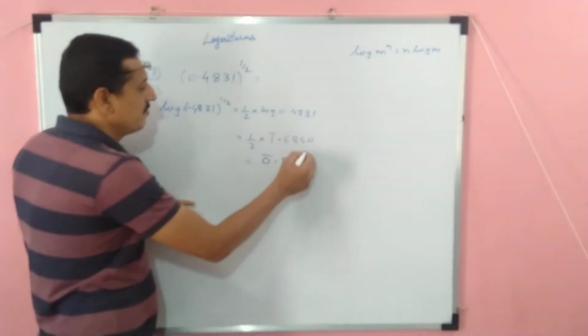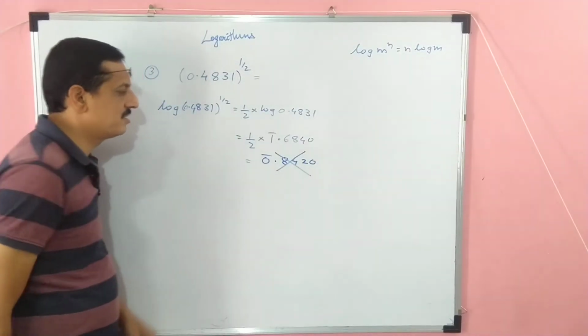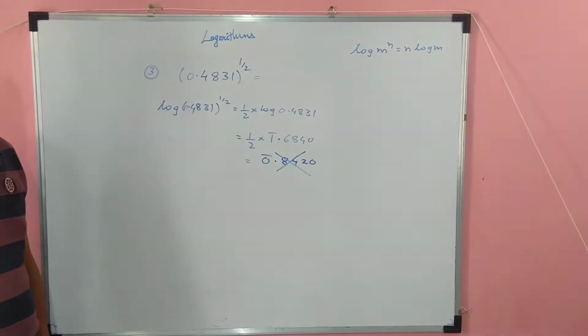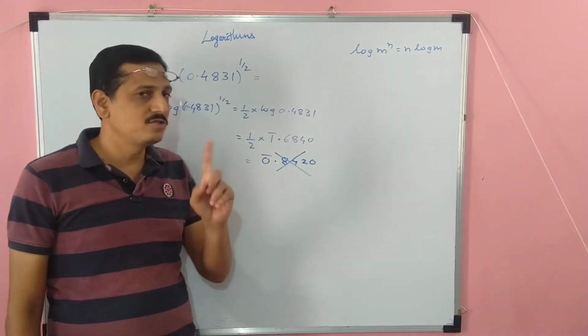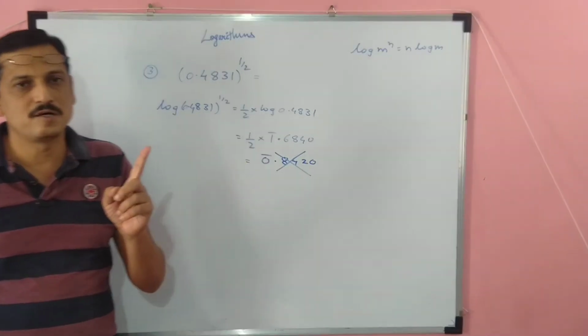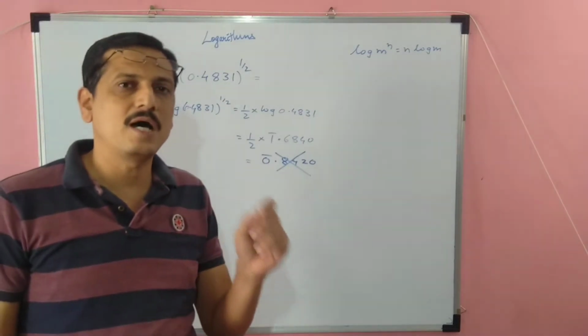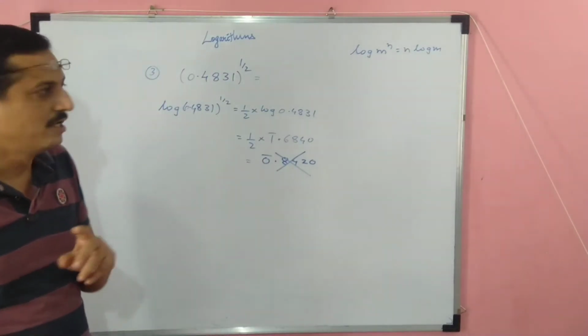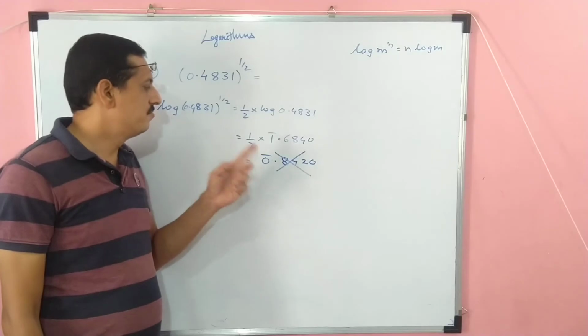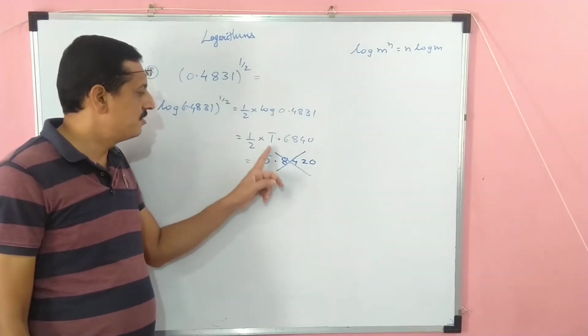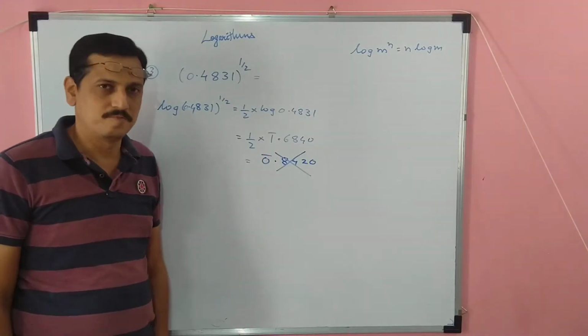This is 0. If you do it like this, it will give you a wrong result, student. This is totally wrong. Bar zero is not allowed in logarithm. Bar zero should not come in your value when you divide.